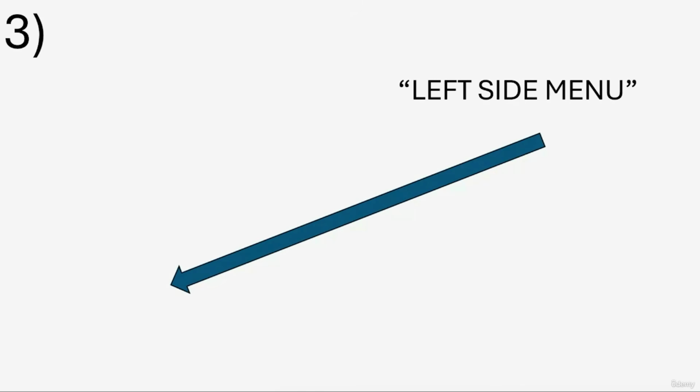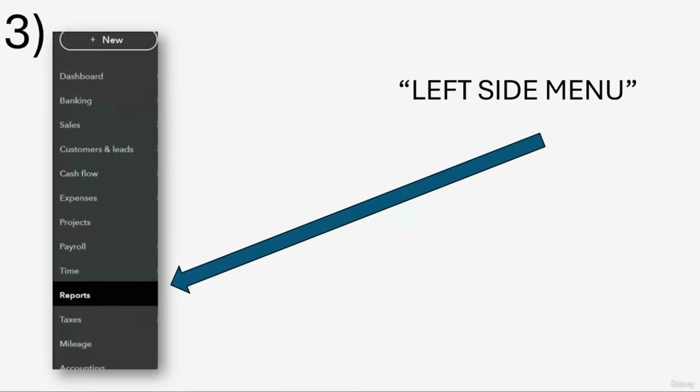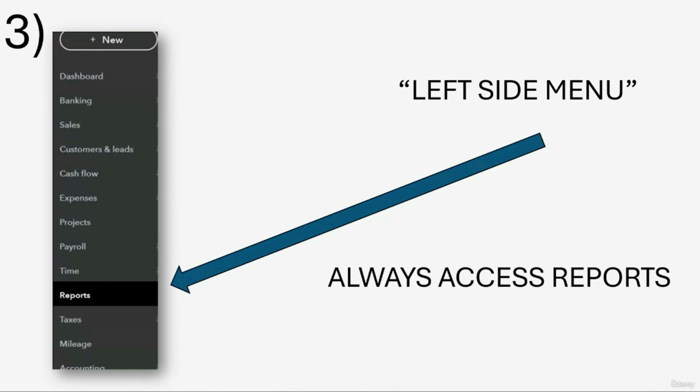And thirdly, there will always be a list of menu choices on the left in the place that I call the left side menu. And this is very important because even though a lot of the left menu choices are repeats of windows you can open from the other two places, this is the only place that you can access the QuickBooks Online reports.